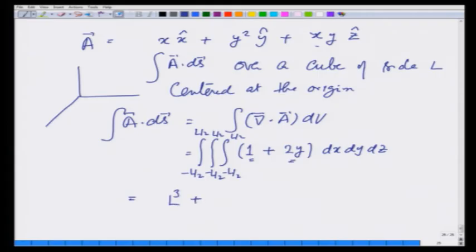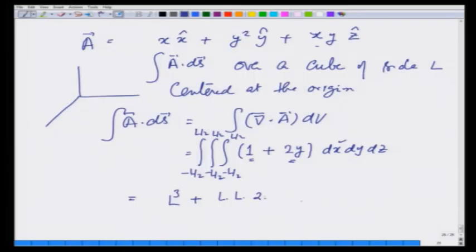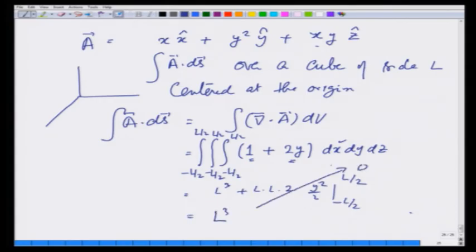For the second term x again gives me L, z again gives me L, there is a 2, and integral of y gives me y square over 2, from minus L by 2 to L by 2. So, this equals L cubed, and this term vanishes, 0. So, this is the answer.